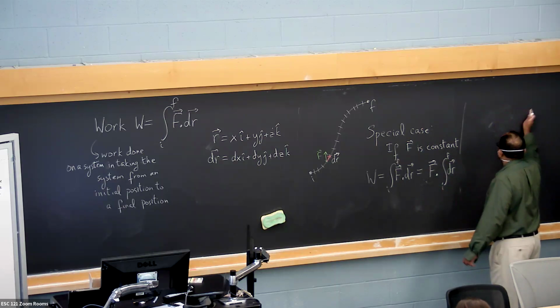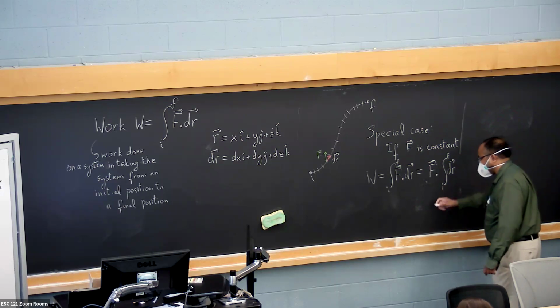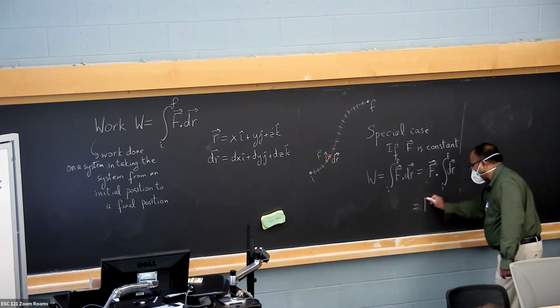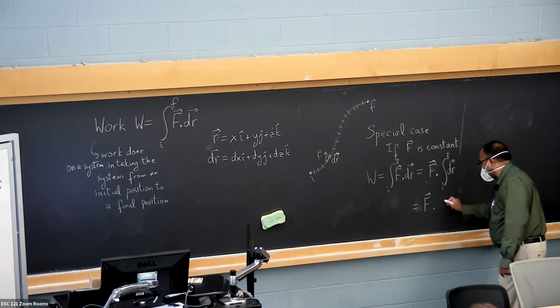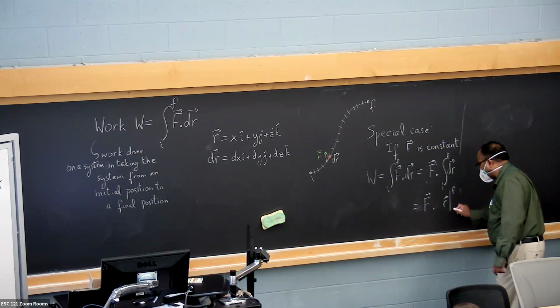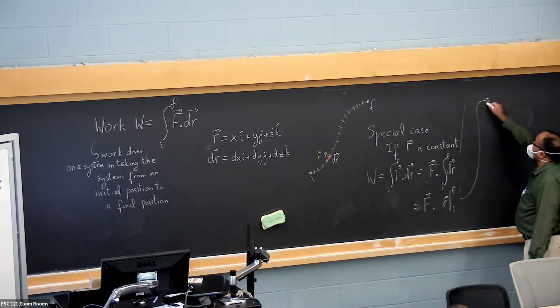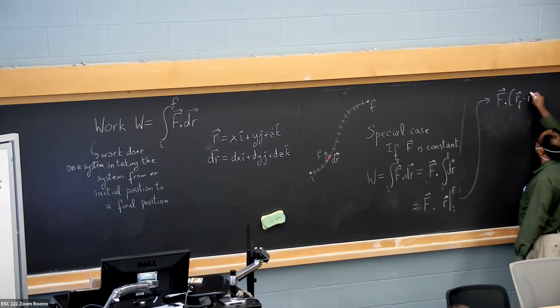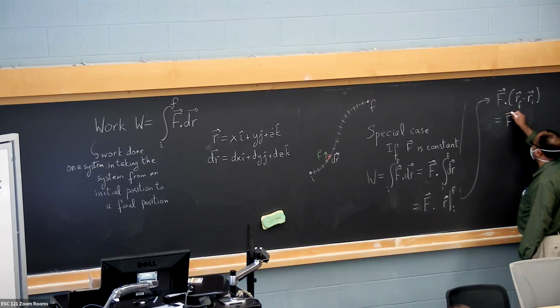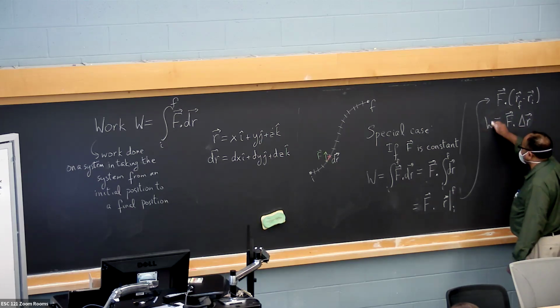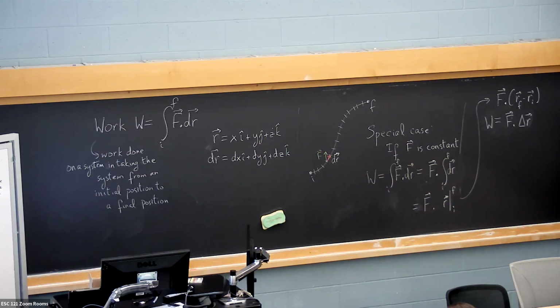And so integral dr is just going to be r, evaluated at the final and initial positions. And so then this becomes F dot (r final minus r initial), which is F dot the displacement, or the change in r. So you can use the simplified formula, but only if the force is constant.